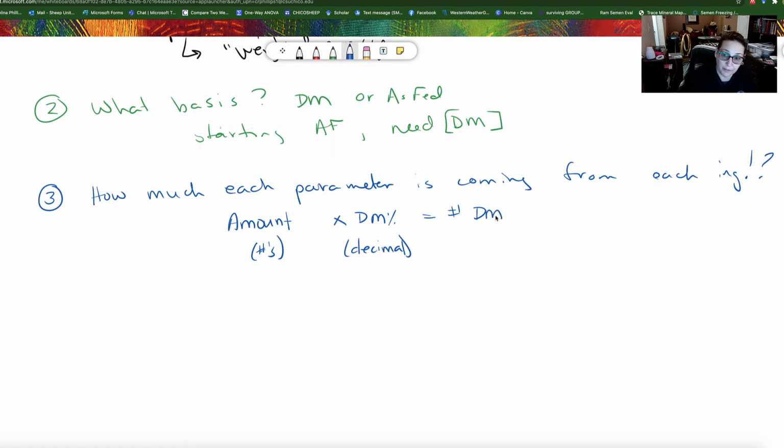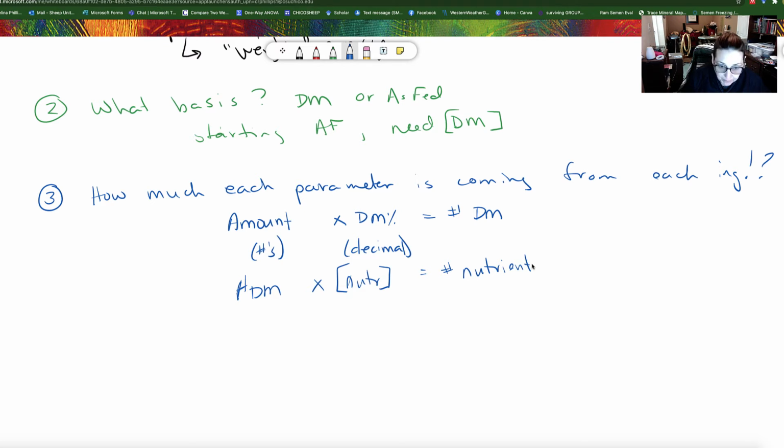So that's going to be our first step, and we're always going to use this amount times the parameter concentration. And then we could take this amount of dry matter, the pounds of dry matter, times the nutrient concentration, whether it's protein, TDN, whatever the case may be. And that's going to give us the pounds of nutrient coming from that feed.